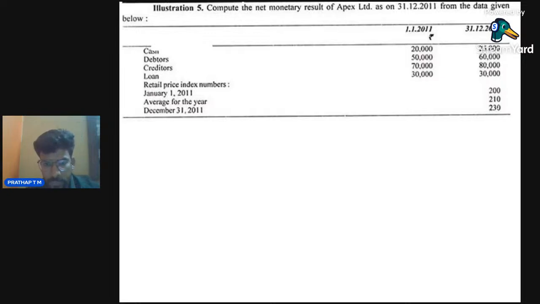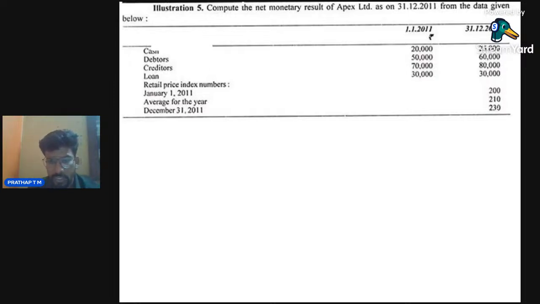First step: you have to convert this 1 lakh into present value. This conversion is very simple. You consider the opening value, so 230 divided by 200, the value becomes 1.15.